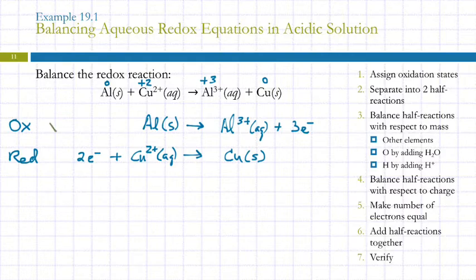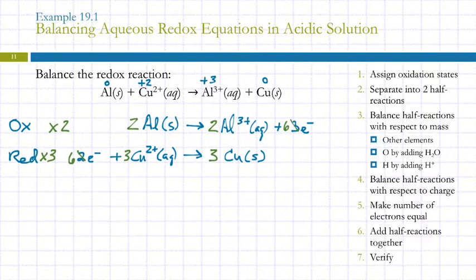So that's 2 aluminums, making 2 aluminum ions plus 6 electrons. And then this one I need to multiply by 3. So I've got 6 electrons there, 3 copper ions, and 3 copper atoms. Everybody okay with that?